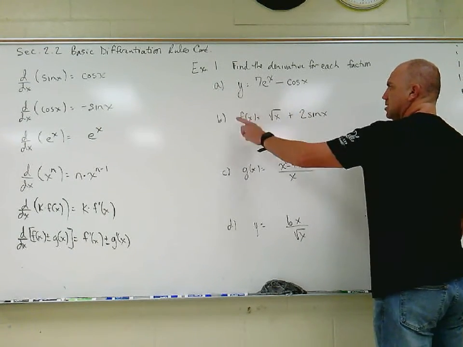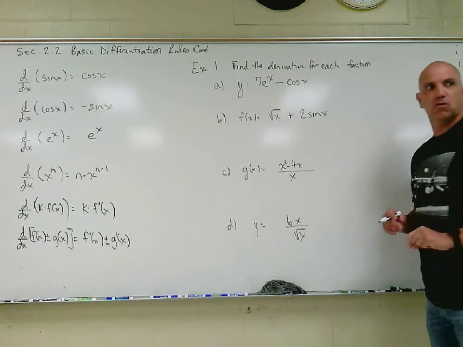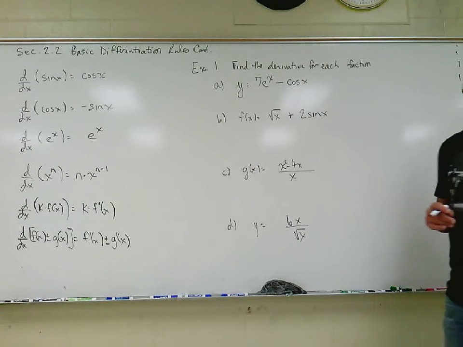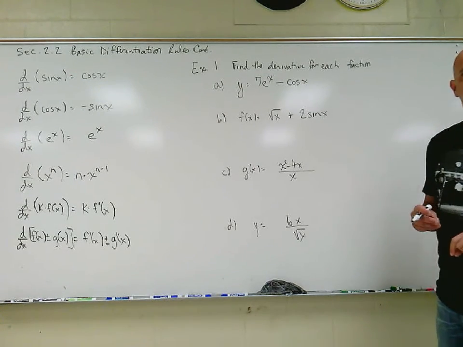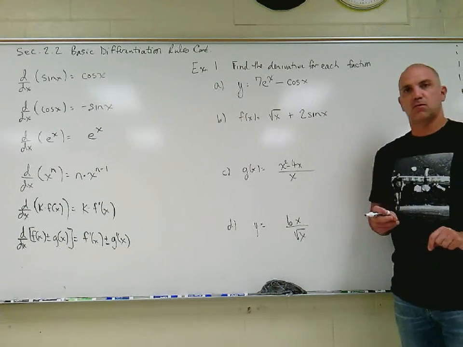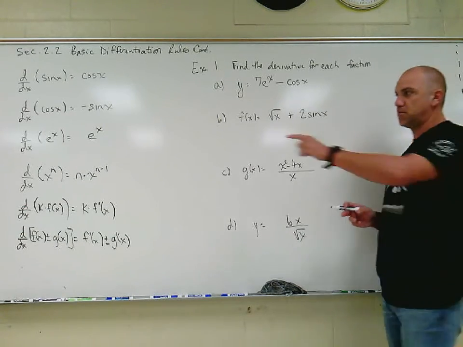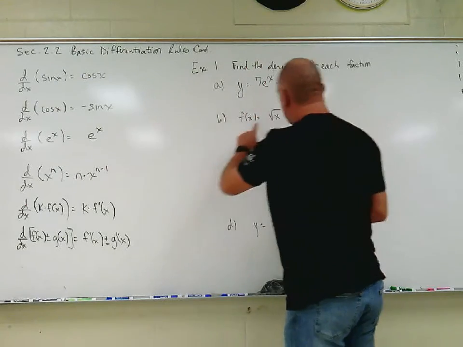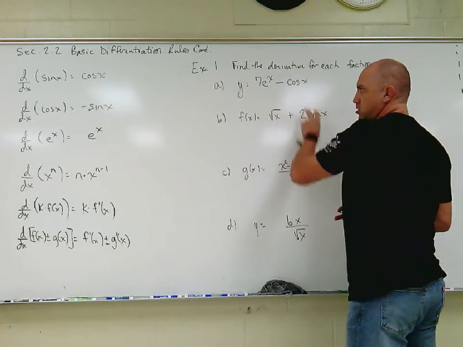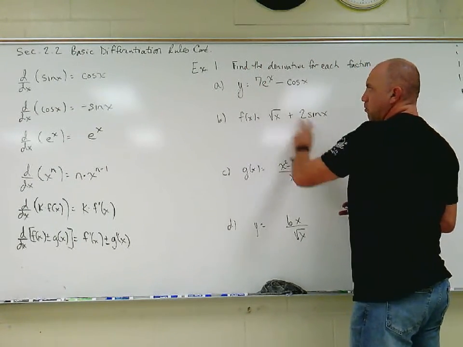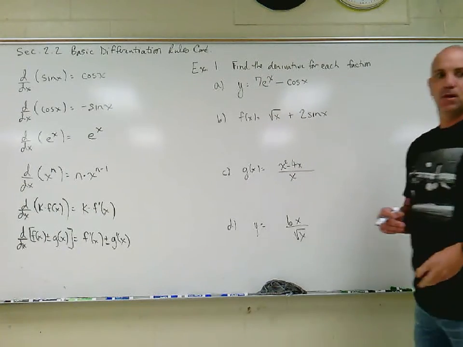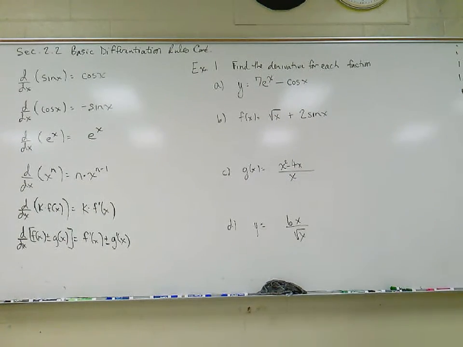In this second equation, you probably need to change square root of x to what? X to the 1/2. You don't have a rule for the square root, so you need to write it as a power. That would be the only thing. Now everything else should match up. Every one of these 4 up here has a rule.